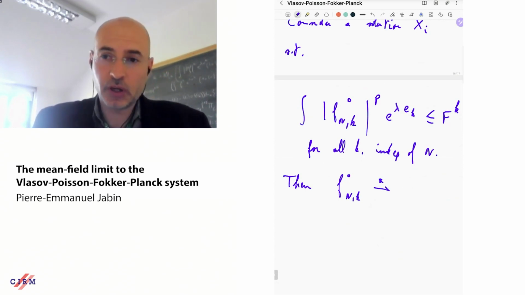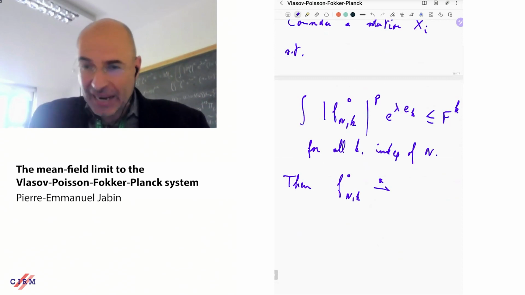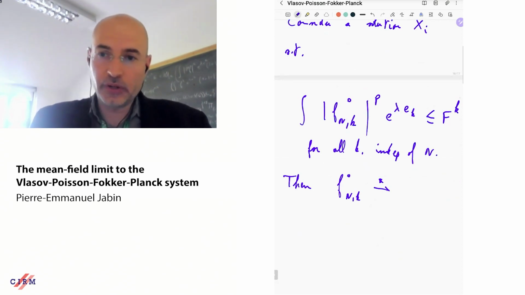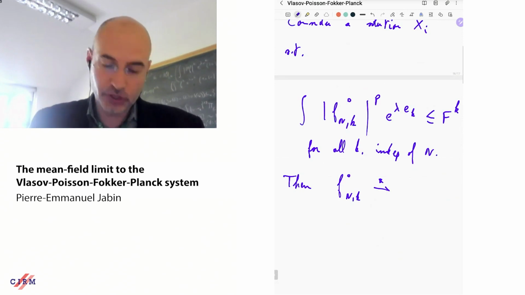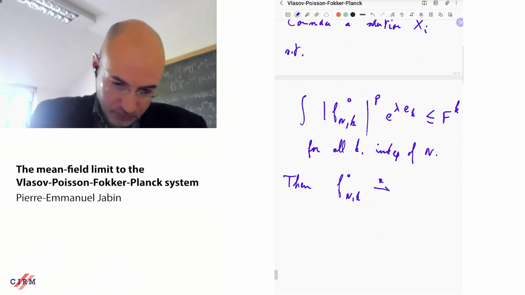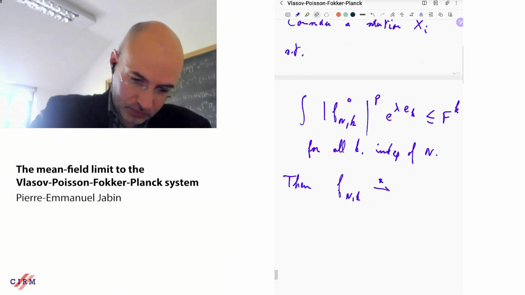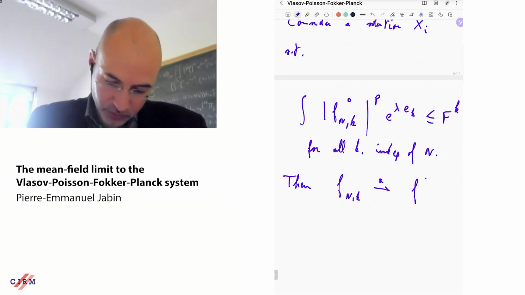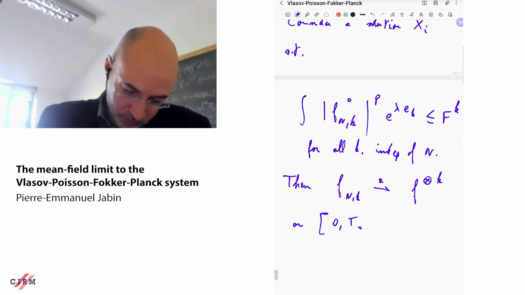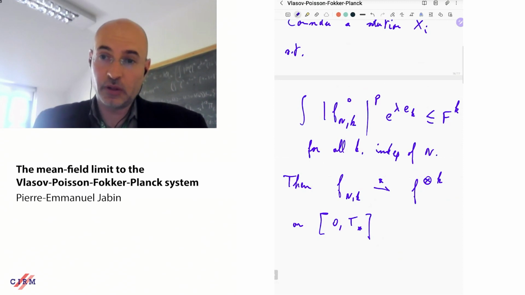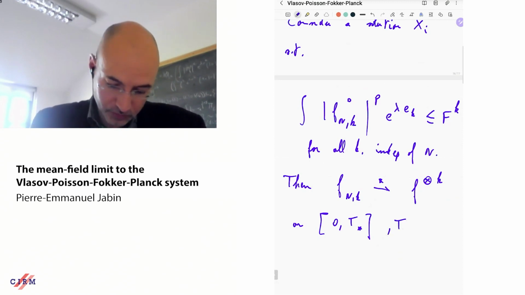And I have a weak star convergence. I actually have tightness. I'm not going to write it down. So it's also convergence in the tight topology of measure. Then this converges to the right thing on some small fixed interval with T star independent.